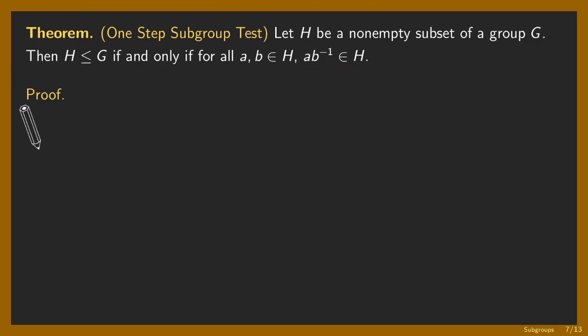What is the test? We have to ensure that for every 2 elements A and B that you get from H, you should be able to prove that A B inverse is another element of H. In the context of addition, A B inverse means A plus the additive inverse of B, because by default we are using the multiplicative notation.